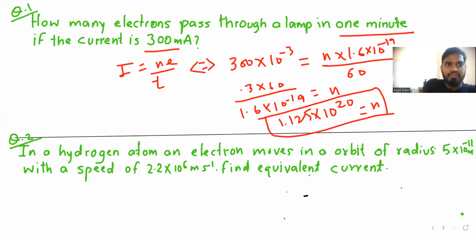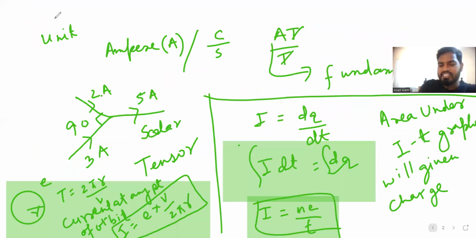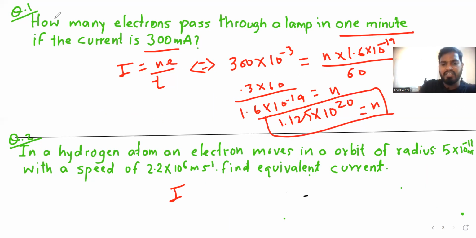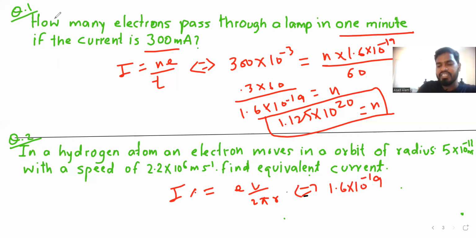Directly we can say we have the formula now. I is equal to e into V by 2 pi R. So e is 1.6 into 10 to the power of minus 19.